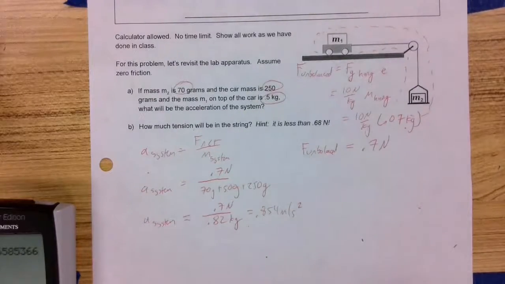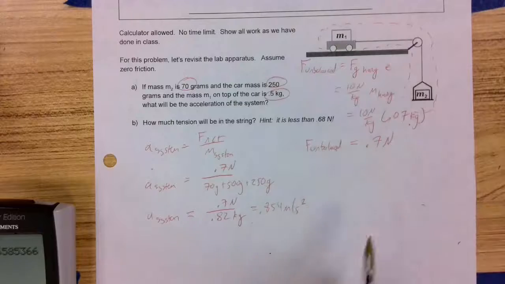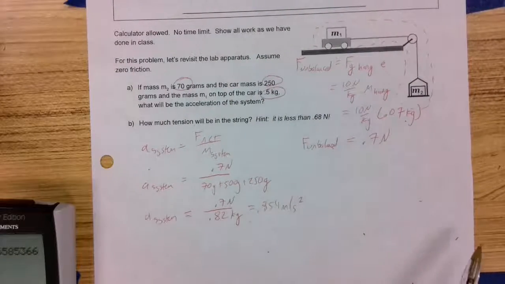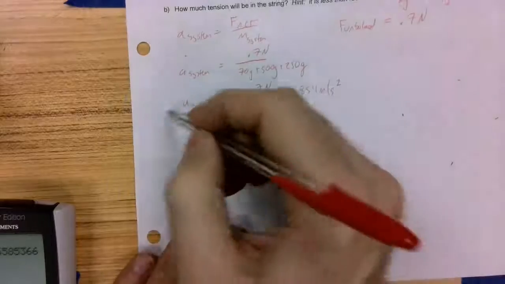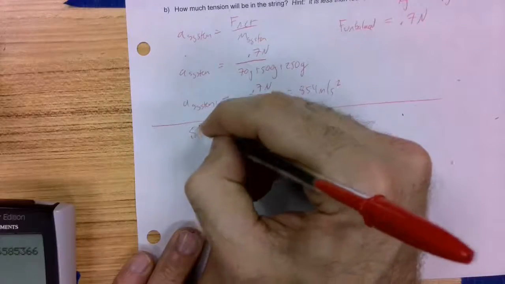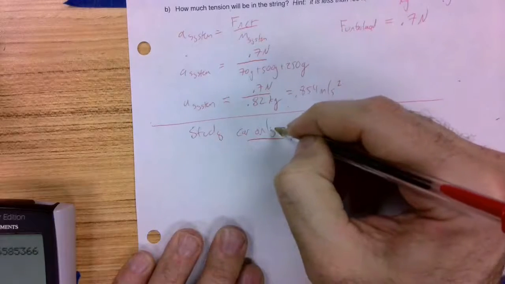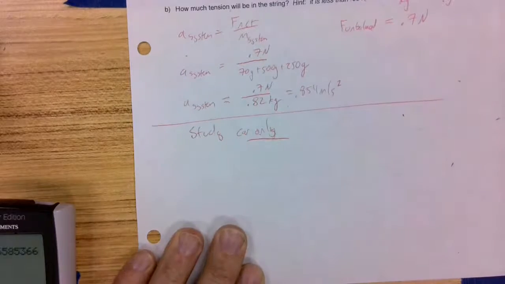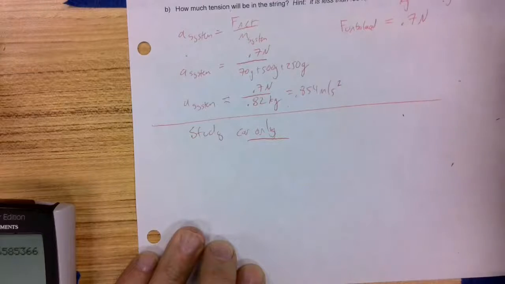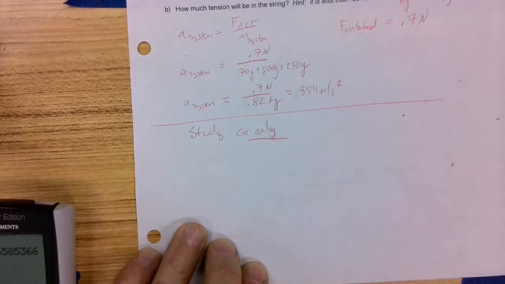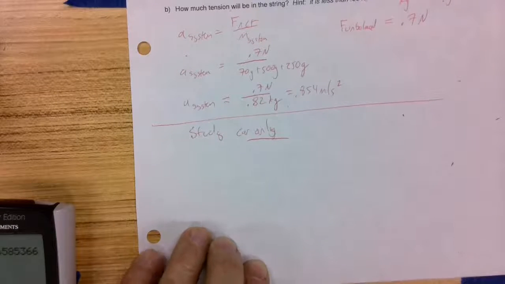But if I wanted to figure out something about the tension, I have to define a system where the tension force is an external force. And the way I'm going to do that is I'm going to study the car only. An equally valid choice would be to study the hanging mass only, and you can have some fun by doing the work for that and showing that you get the exact same answer if you're careful.